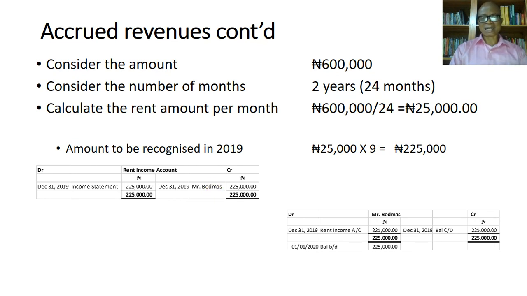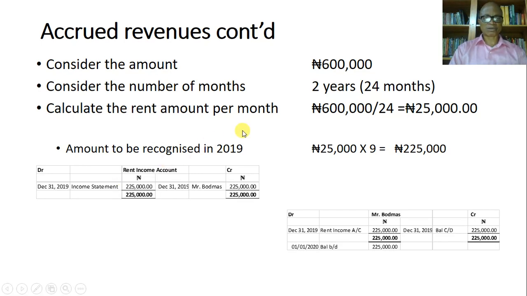So at the end of the day, it's showing that Mr. Bodmans is actually owing 225,000 naira, whereas in the rent income account, the balance is transferred to the income statement as revenue for that particular period.